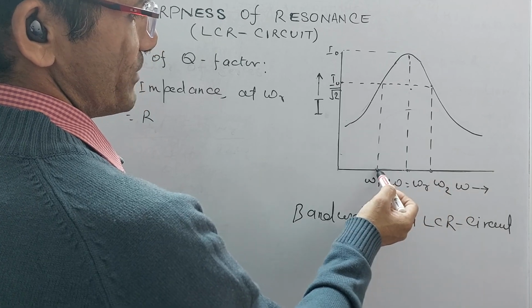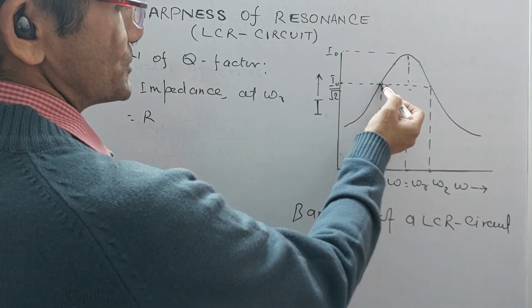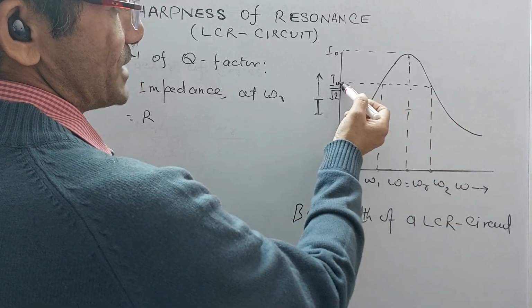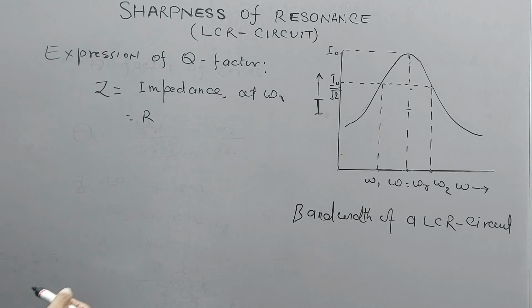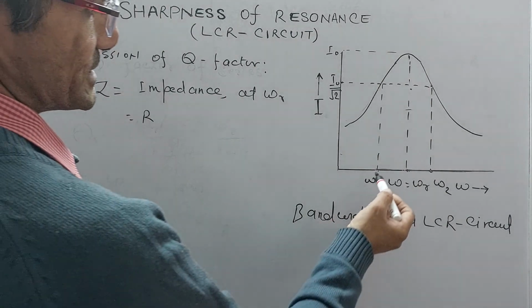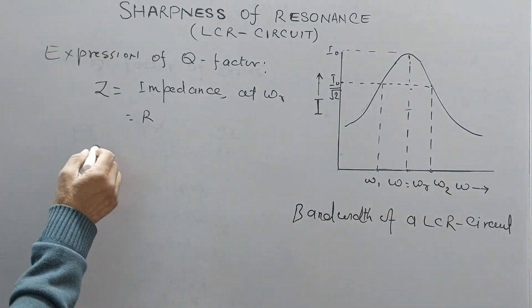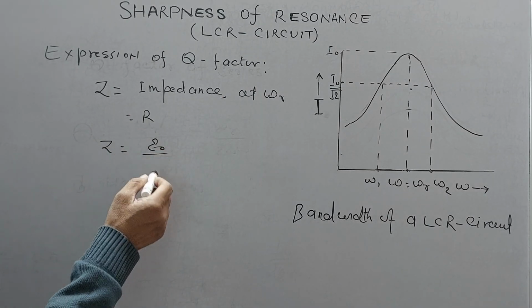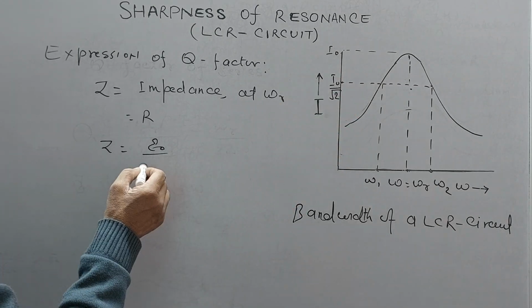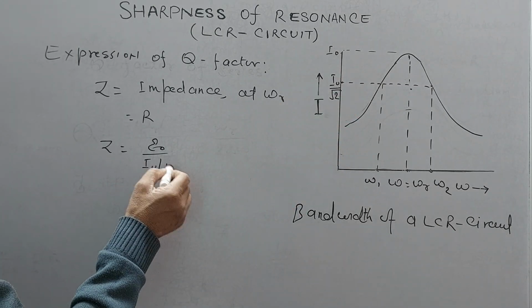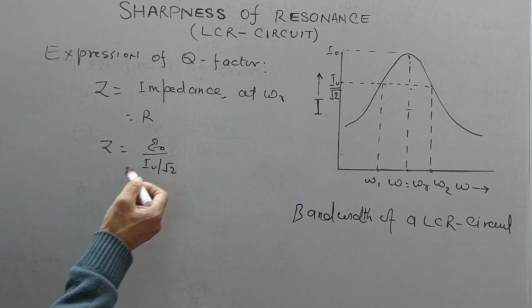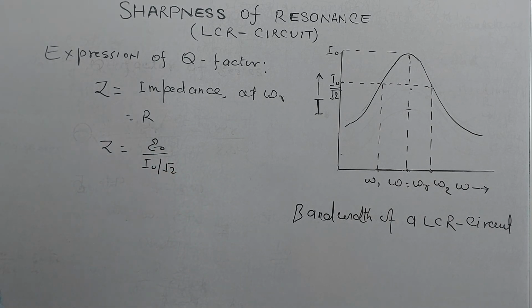Corresponding to omega 1, the current amplitude is I naught upon root 2, and in the same way corresponding to omega 2, the current amplitude is I naught upon root 2. So for finding the impedance at omega 1 and omega 2, we can say Z is equal to voltage divided by current, and the current amplitude here will be I naught divided by root 2. Voltage divided by current will be the resistance. Impedance means the resistance of the series LCR circuit.